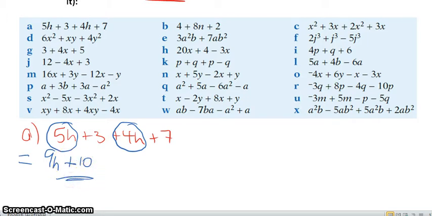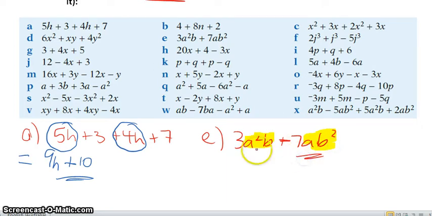Let's have a look at question E. This time I've got 3a squared b plus 7ab squared. Do I have like terms? Well, I've got a squared b here and ab squared here. Now they're actually not like terms, so I can't do anything with it. That's my answer. Just leave it there.